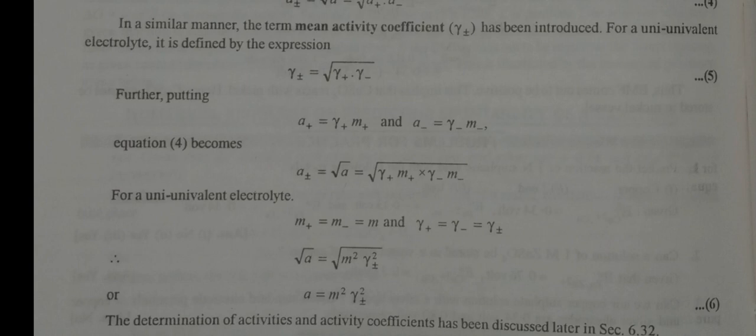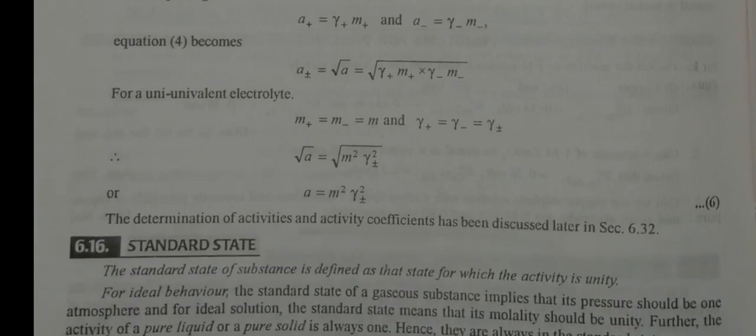For univalent electrolyte, m positive is equal to m negative is equal to m, and gamma positive is equal to gamma negative is equal to gamma positive negative. Therefore, under root a is equal to under root m square gamma square positive negative, or a is equal to m square gamma square positive negative, which is equation number 6.